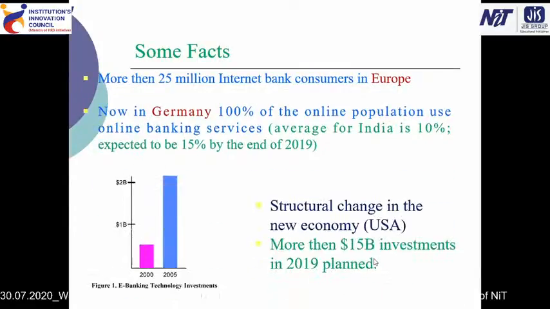Some facts: more than 25 million internet bank consumers in Europe. Now in Germany, 100% of the online population uses online banking services. The average for India is 10 to 50% by the end of 2019. But see the structural change in the new economy: in the USA, more than $15 billion was invested in internet banking systems in 2019.